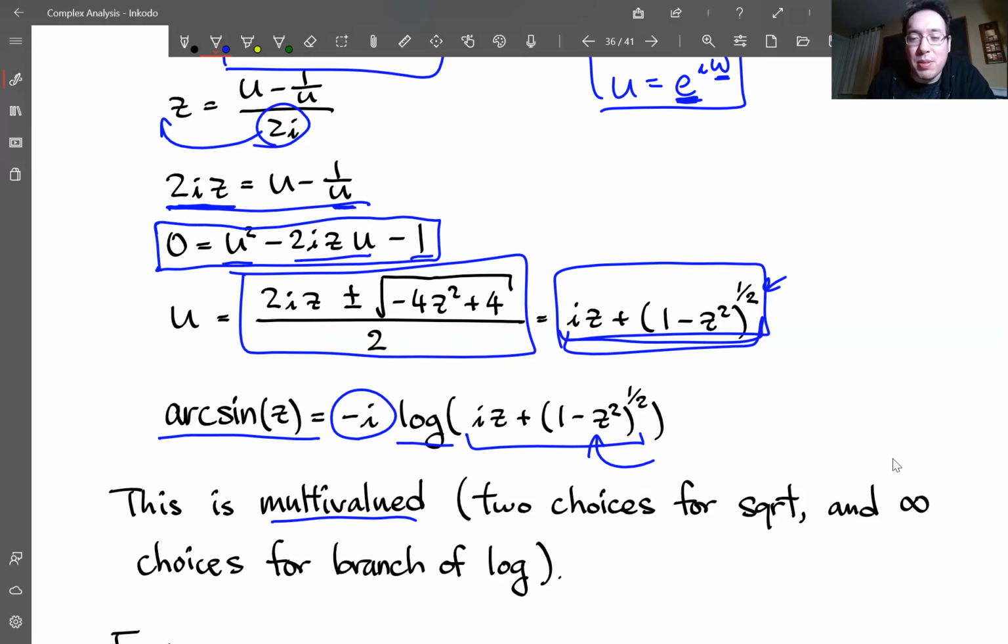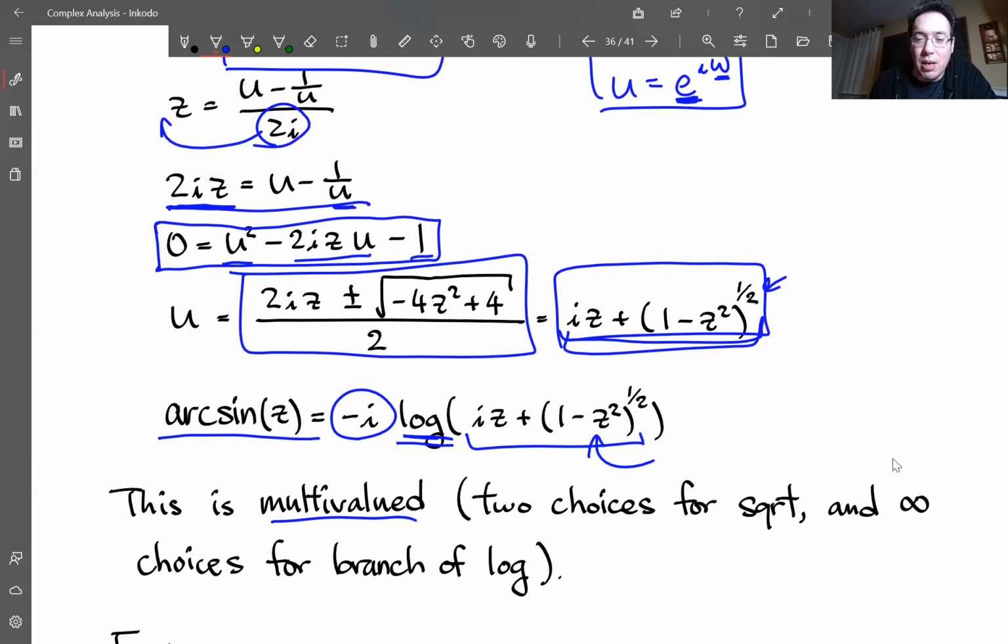There are 2 branches of the square root function. So when you do the 1 minus z squared and take the square root, you get 2 choices. And then for the log function, the imaginary part of the log function is the argument function.